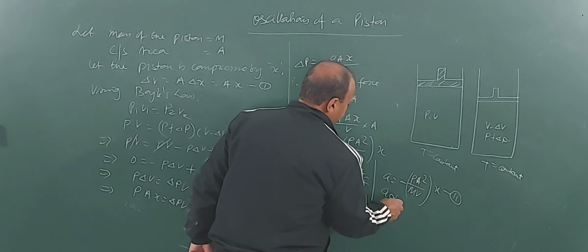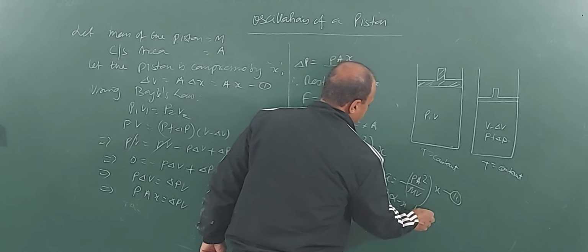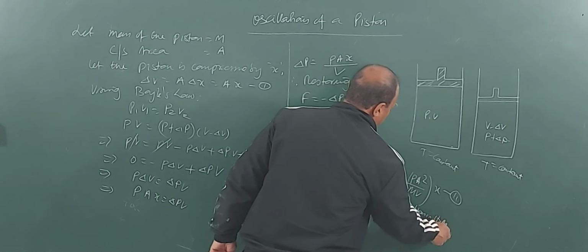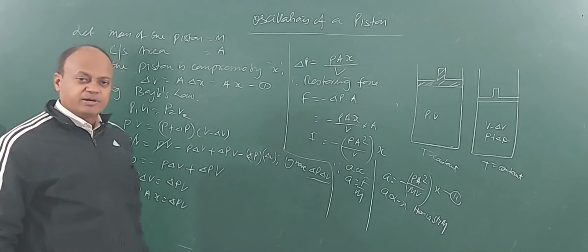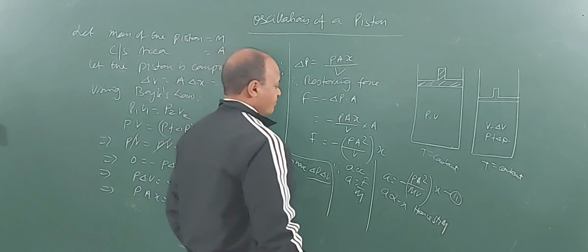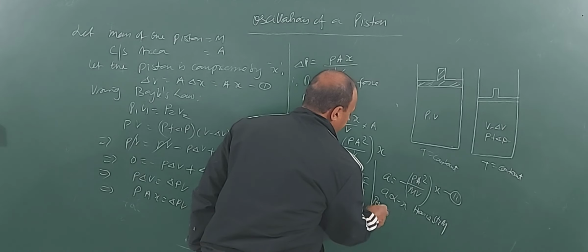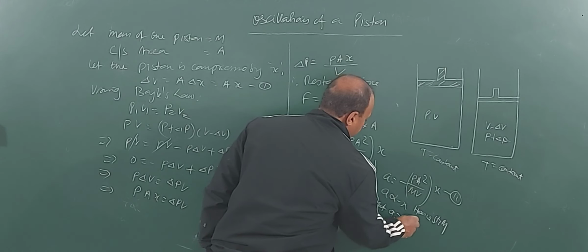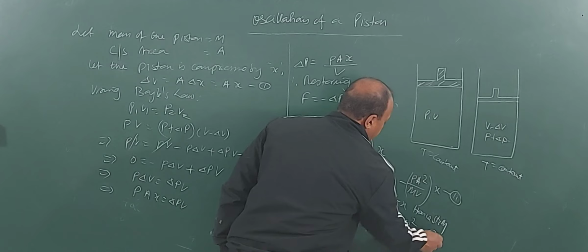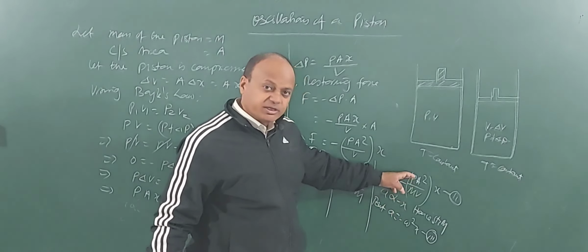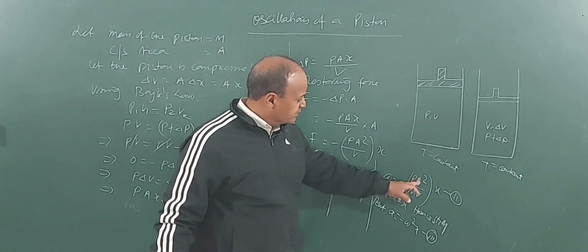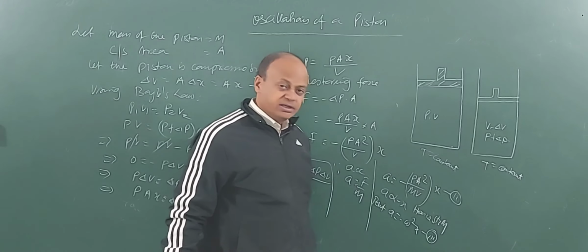So a is directly proportional to minus x, hence it is simple harmonic motion. But children, in simple harmonic motion, a is how much? Minus omega square x. This is equation 3. If I compare these two, I can calculate omega square. Omega square is PA square by M into V.